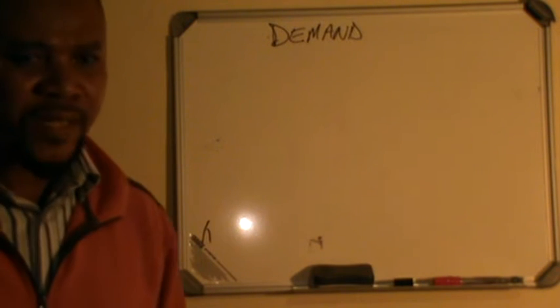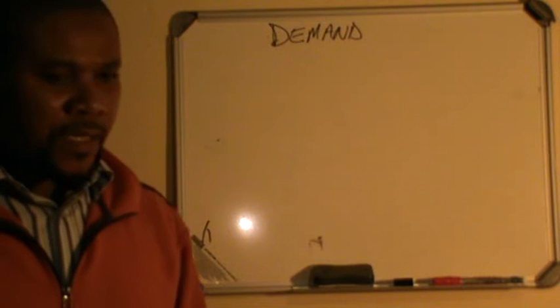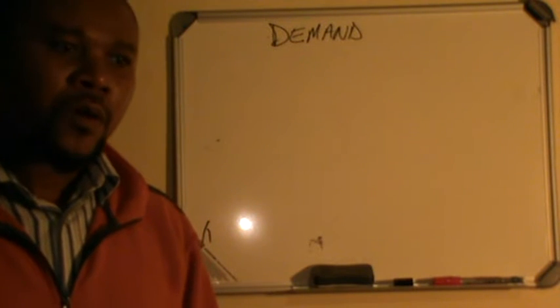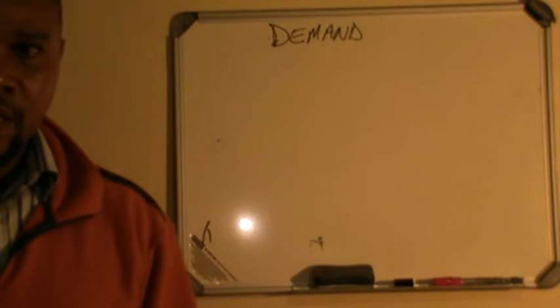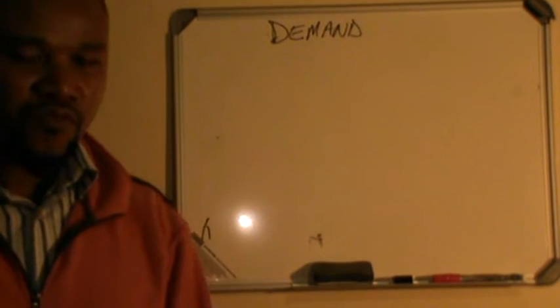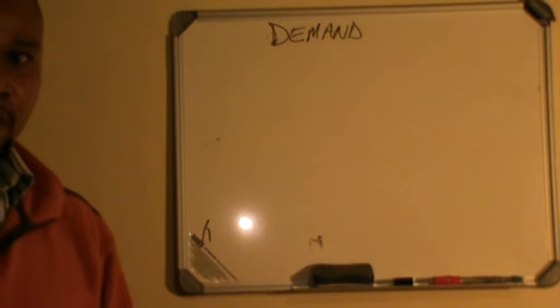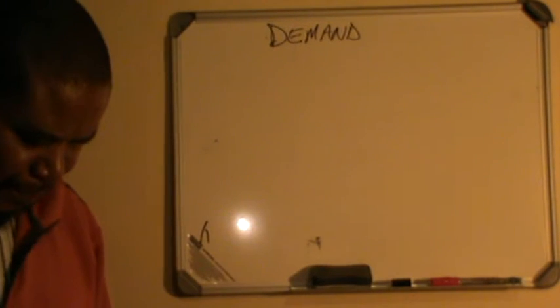So demand really is about consumers. In economics we talk about the demand sector in the same way that we talk about the consumer sector, because it is really about consumers demanding particular goods.